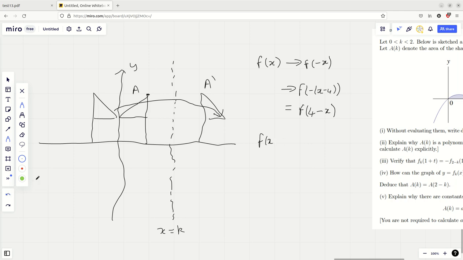If f of x becomes f of 2k minus x, then that reflects the original in the line x equals k. That's what it does. That's a really good function transformation.